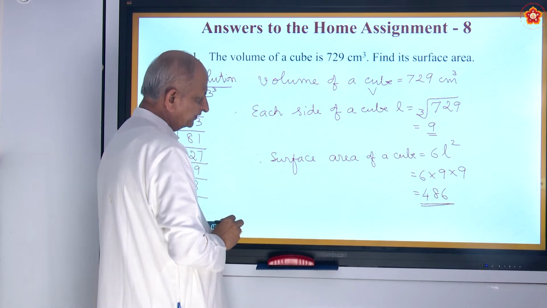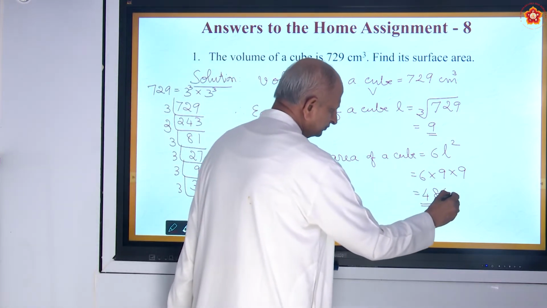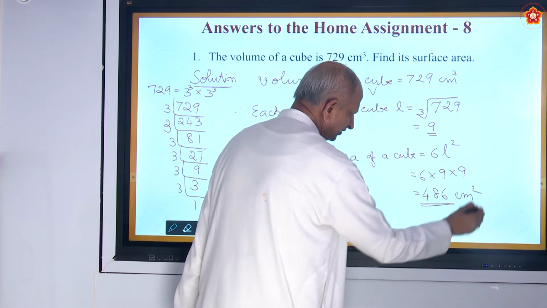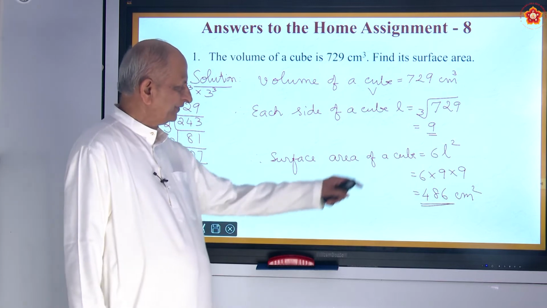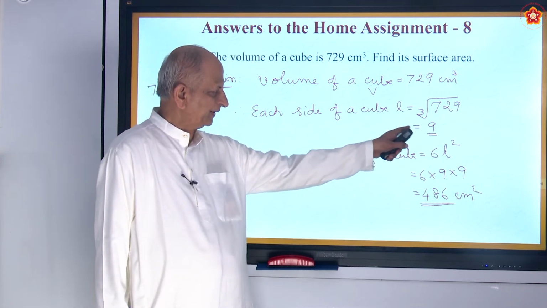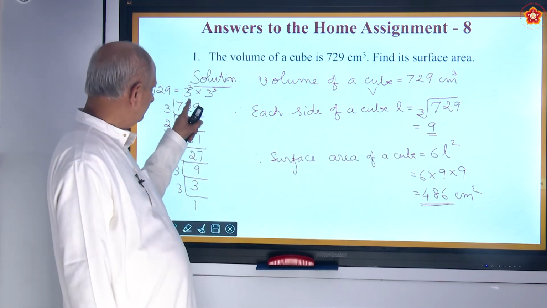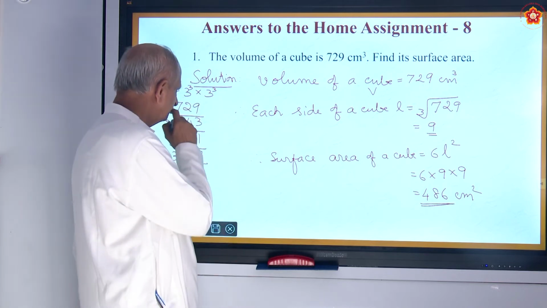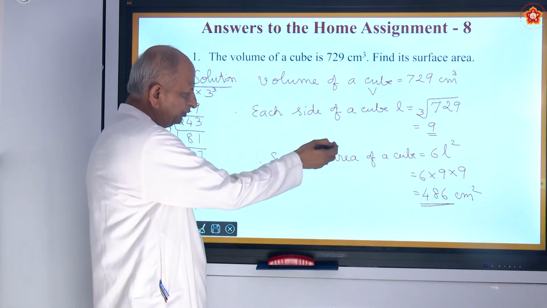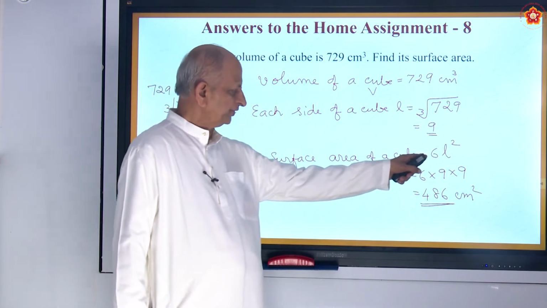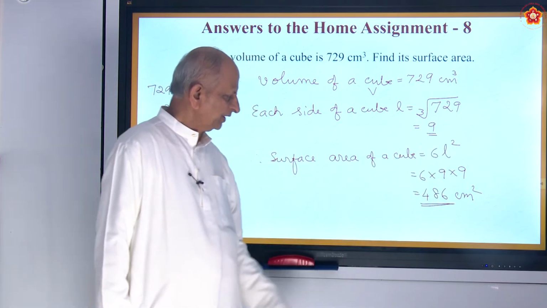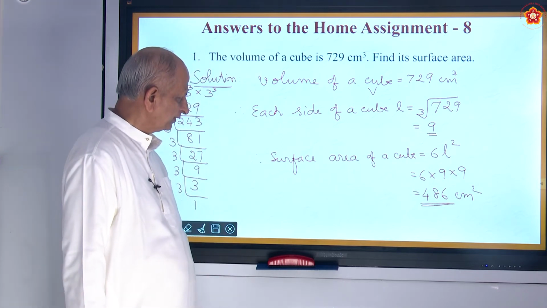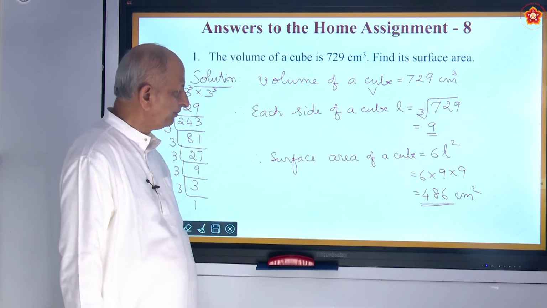So 486, that is the area. What is the unit? Square centimeters. Understood? So what have we done first? We found the cube root, just to find the side, that is 3 into 3, and then substituted here in 6L square. So 9 into 9, 81 into 6, that is 486 square centimeters.